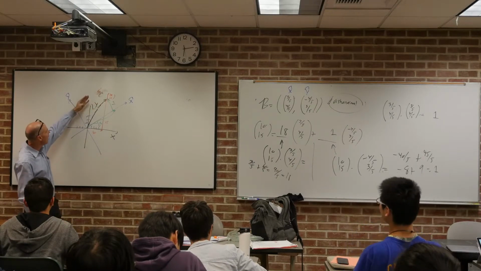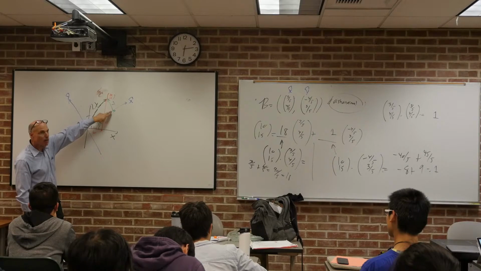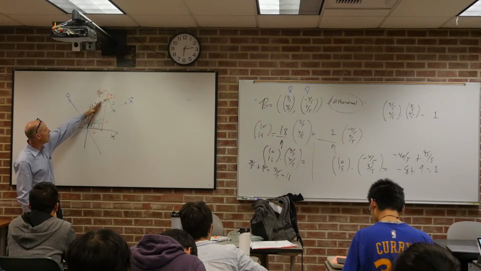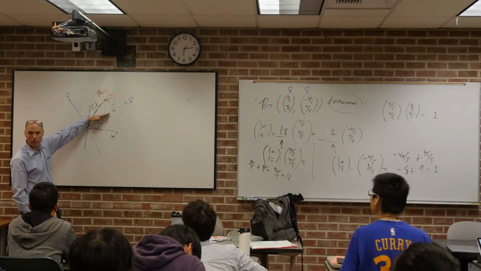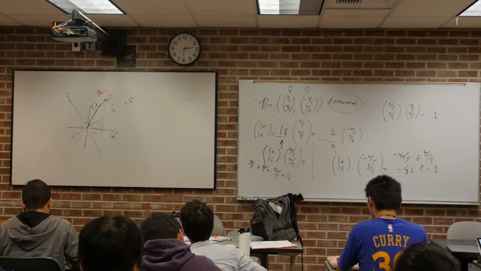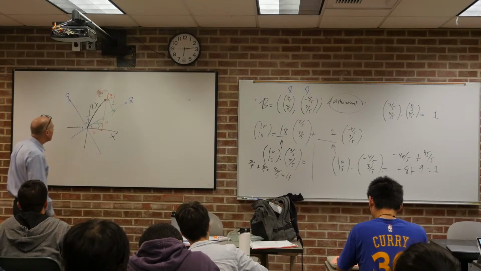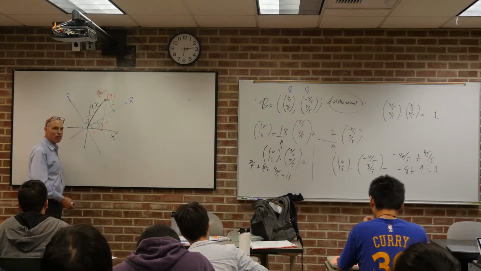So do you see that this 18 is the length of the projection onto this? So if I had just asked you to do a projection, we wouldn't even need to complete the whole basis.